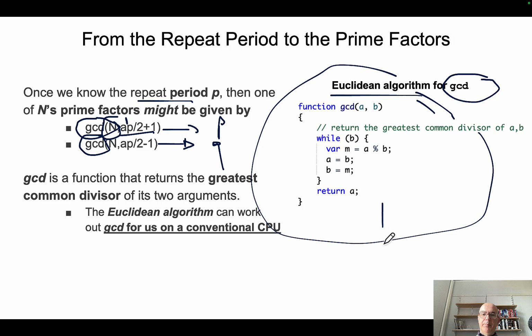So it's an important point that while we are going to use quantum computers for calculating the repeat period, we are going to use the GCD to calculate the factorization of the number from the repeat period. We are going to calculate that on a classical computer.